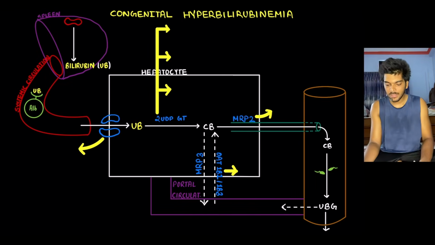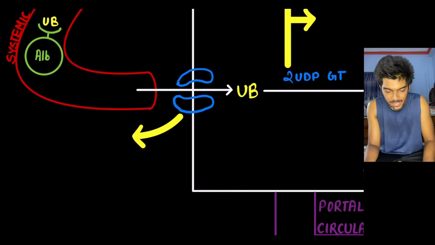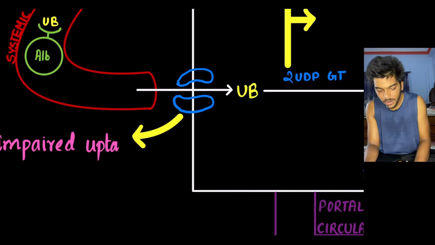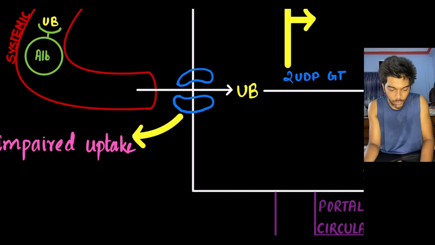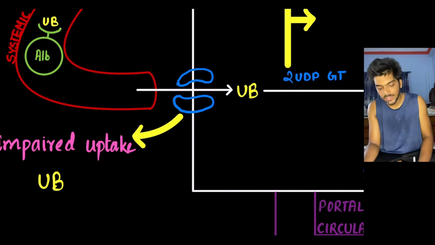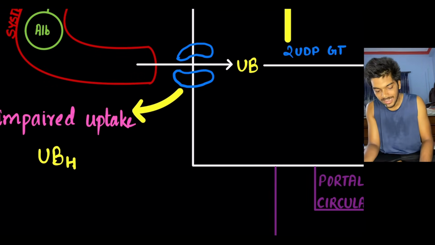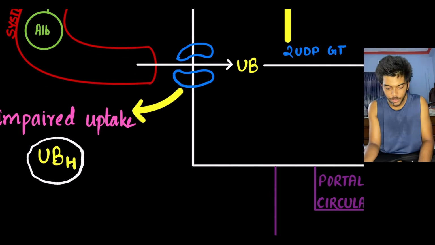Starting off with a congenital defect, where genetic mutation takes place such that there is impaired uptake of unconjugated bilirubin from blood circulation into the hepatocyte. As a result, there is accumulation of unconjugated bilirubin in blood circulation, leading to unconjugated hyperbilirubinemia.